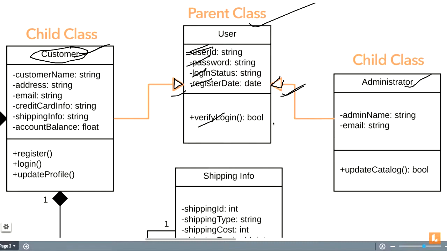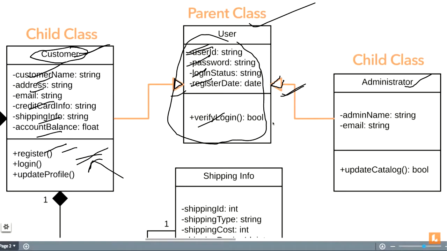Apart from that, a customer can also have customer name, address, email, which are personal to the customer. He will know everything present in the parent class, but he also has certain features and functions of his own. Similarly with the Administrator class.